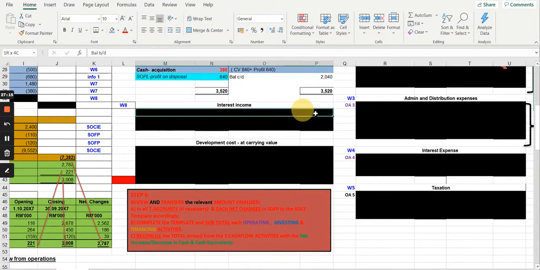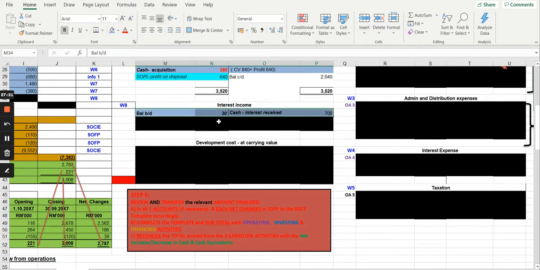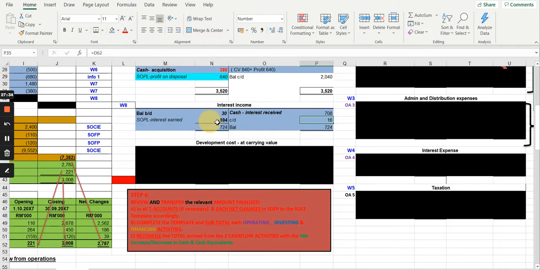If you do that, put the balance on the correct side. You will be getting something like this, where first you put the balance brought down, put the balance carried down correctly, and there was some interest earned.